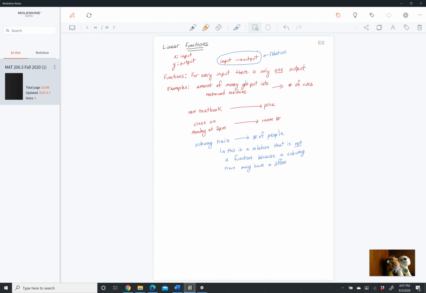So it might be that if you look at that subway train at 9 a.m., there are 150 people on it. But if you look at that subway train at 2 p.m., there are only 20 people on it. So you have an input, but now you have two different outputs, okay?